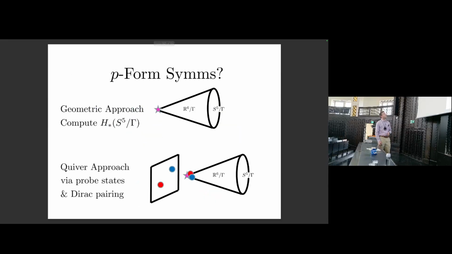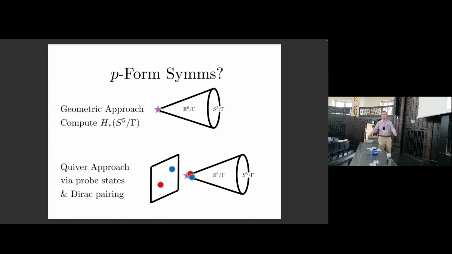OK, there's actually two ways, well, three, that I know of for calculating these kinds of p-form symmetries. One is to directly compute the corresponding singular homology of the boundary lens space, this generalized lens space, S5 mod gamma. There's another complementary approach which yields the exact same answer, at least in the supersymmetric settings, where we consider probe branes of the singularity, and then write down an associated quiver gauge theory.